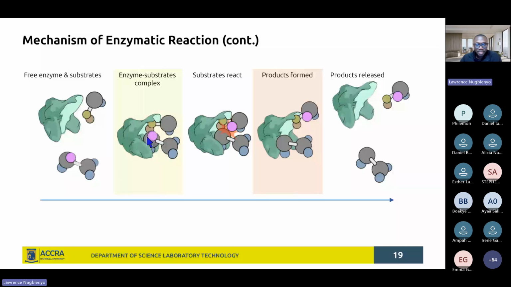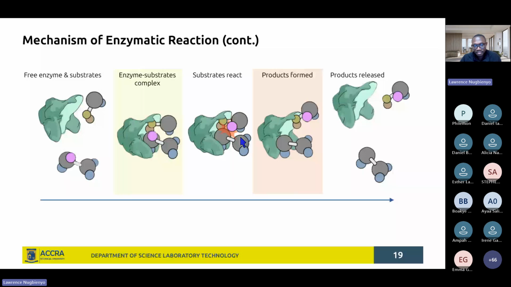And in the active center, you now have the substrates reacting. If you look back, we talked about the fact that the enzyme reduces the activation energy required for these substrates to react, so that the product is formed faster.